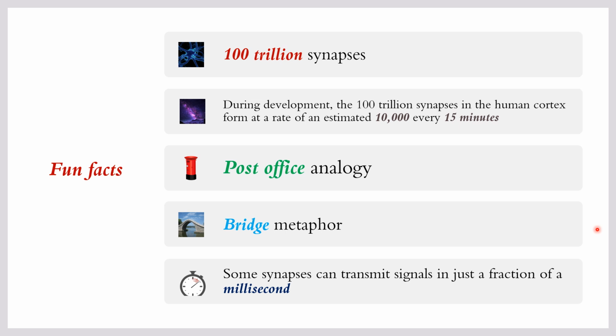The bridge is the synaptic cleft, and it crosses from one side, the presynaptic neuron, to the other side, the postsynaptic neuron. Some synapses can transmit signals in just a fraction of a millisecond. It is very, very fast.